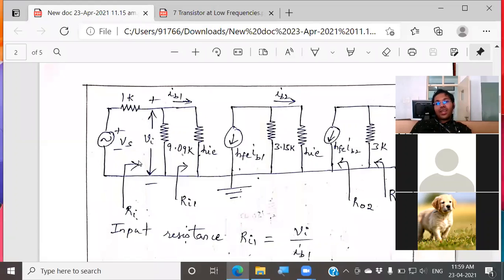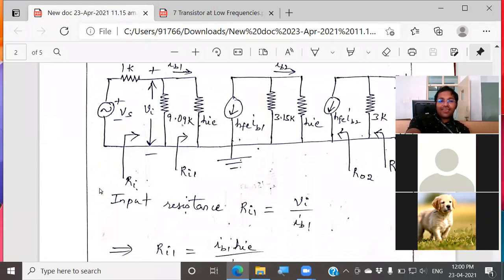To get the overall input resistance, again without considering the source, we look into these two terminals. That is Ri. Anyway, first let us finish Ri1.